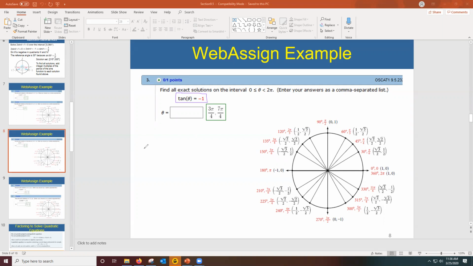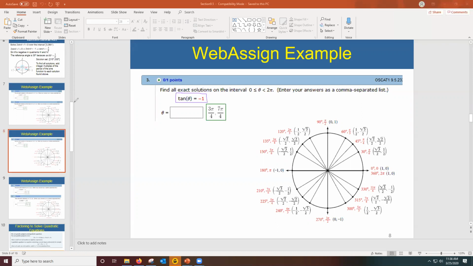Why is this a more complicated problem than the examples we did a minute ago? Well, in the other examples, it involves sine and cosine, and sine and cosine are readily available on the unit circle. The problem is the tangent is not on the unit circle.